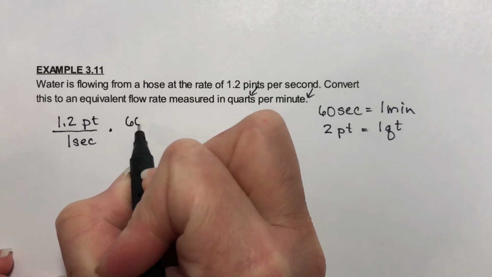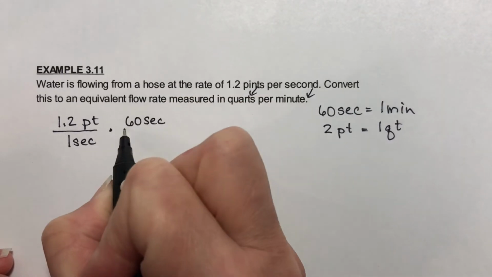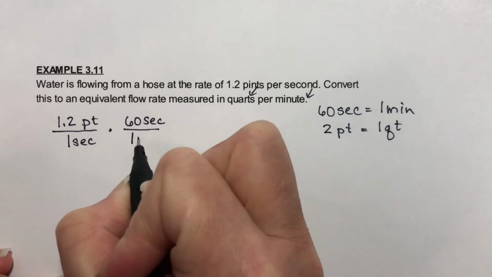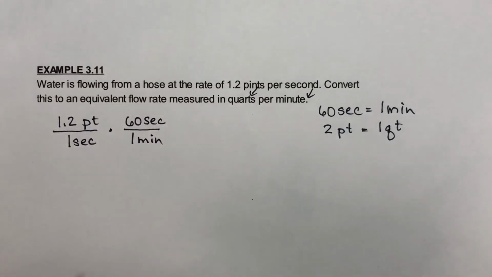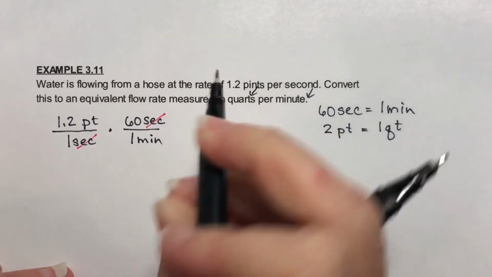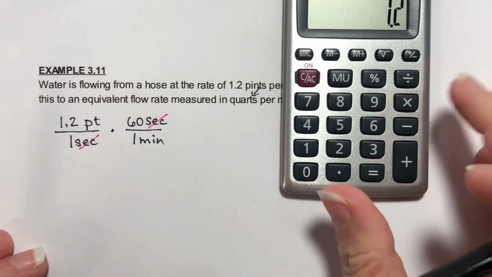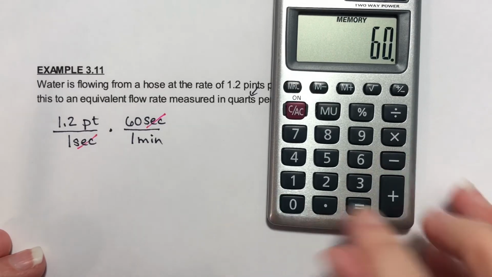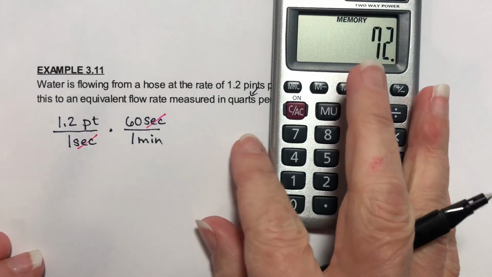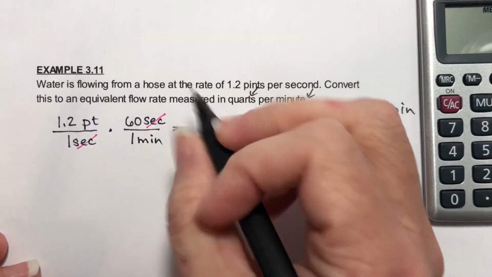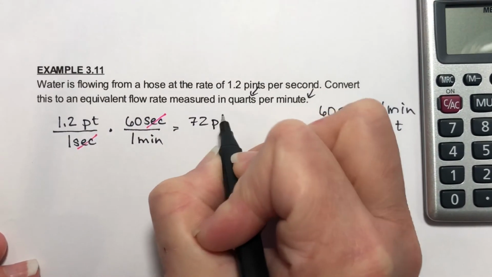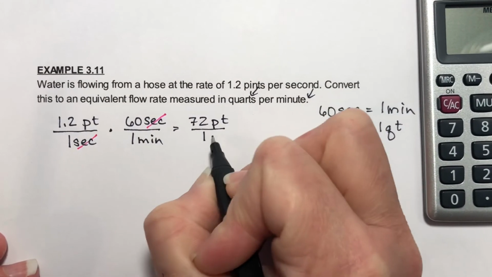So 60 seconds is equal to 1 minute. The seconds cancel out, and I need to multiply 1.2 times 60, and I get 72. So this is equal to 72 pints for 1 minute.